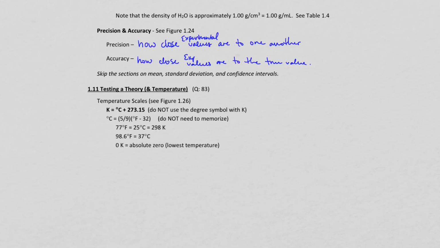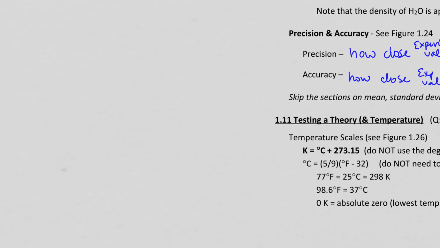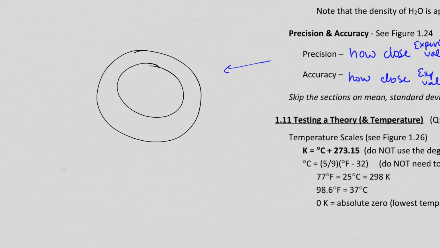So we use the classic dartboard example with precision and accuracy. Forgive my awful dartboard. Let's say there's 3 friends playing darts. The green dots are not precise or accurate. They're not close together and they're not close to the bullseye.